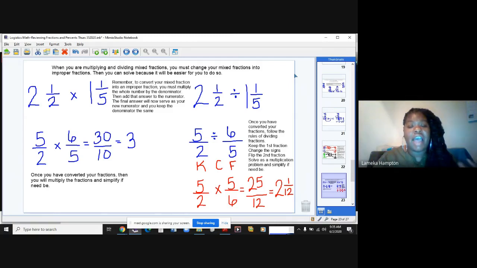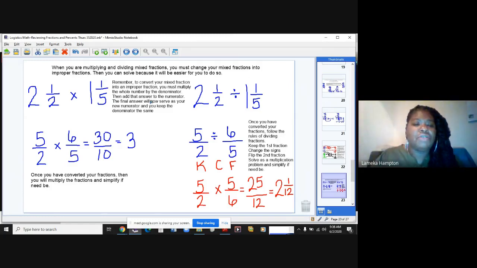As it relates to adding and subtracting, you could potentially change those mixed fractions into improper ones and subtract or add, but then you will have to convert them back to mixed fractions. It's totally up to you how you would like to go about solving mixed fractions. But as it relates to multiplying and dividing, you must change them from mixed fractions to improper fractions. Okay.